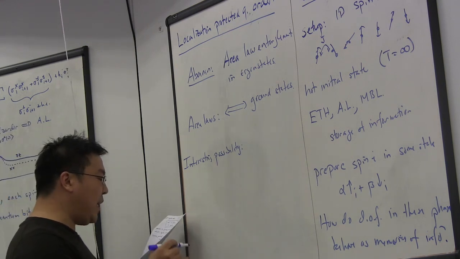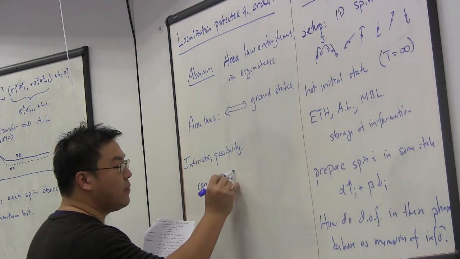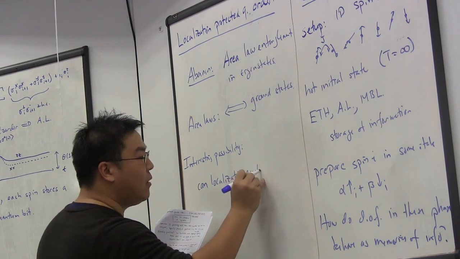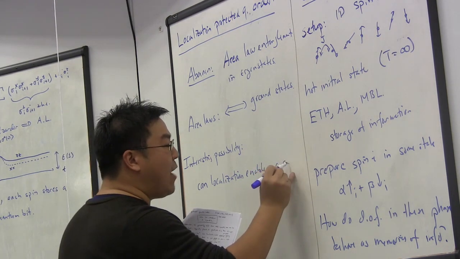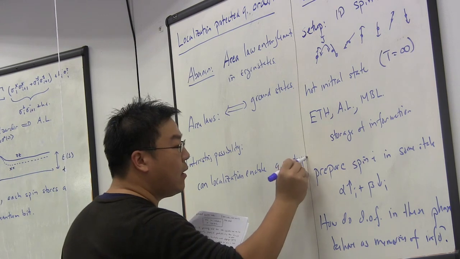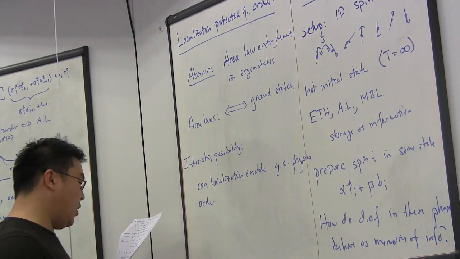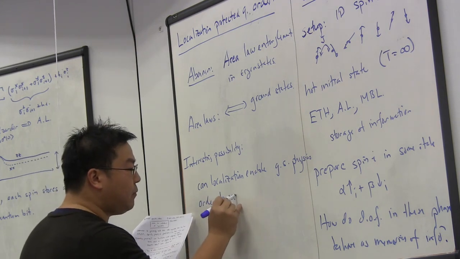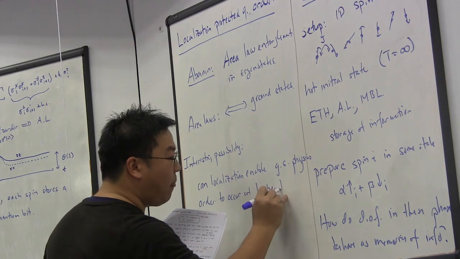The interesting possibility is whether or not localization can enable what we typically think of as ground state physics, or ground state order, to occur at higher temperatures.